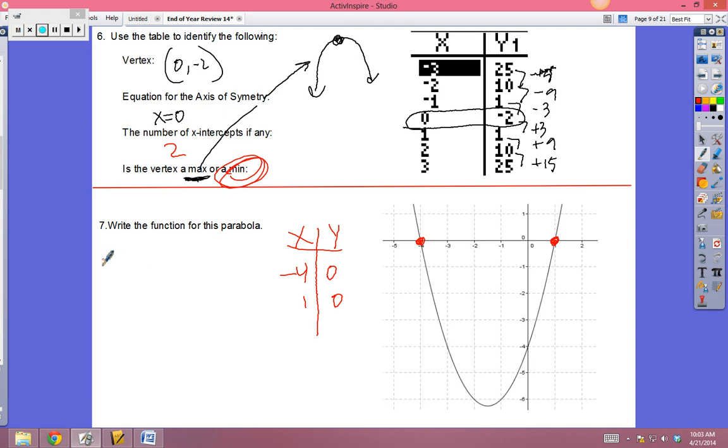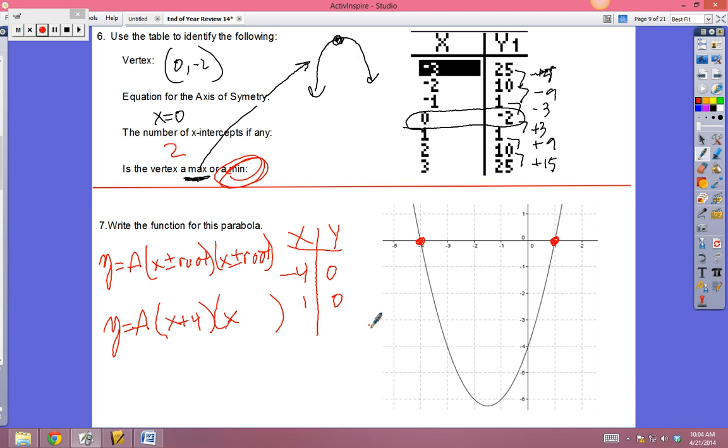So the model for the zeros is going to be y equals a times x plus or minus some root times x plus or minus some root. And these roots are your zeros. So it's going to be y equals a times (x ... ), and the only tricky thing is if your 0 is at (-4, 0), this is actually going to be plus 4, and if your 0 is at 1, it's going to be minus 1.